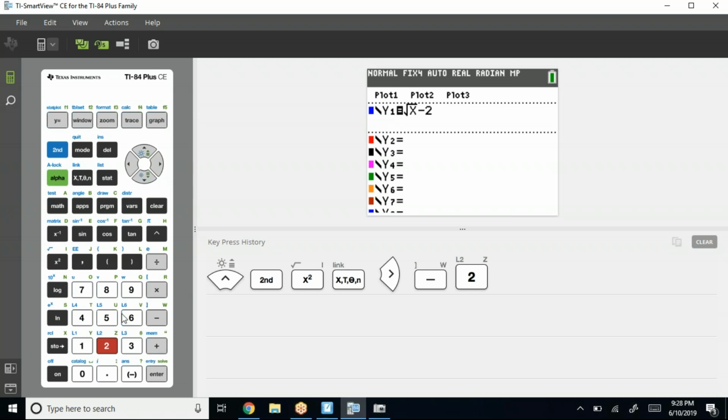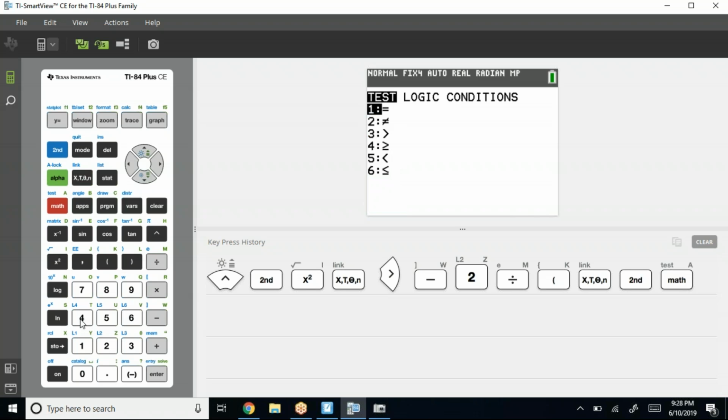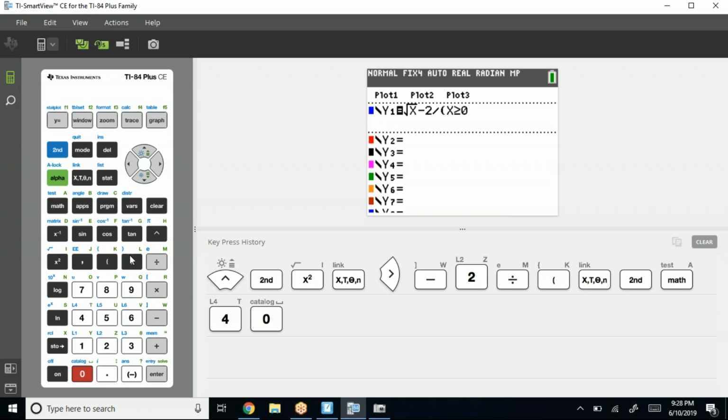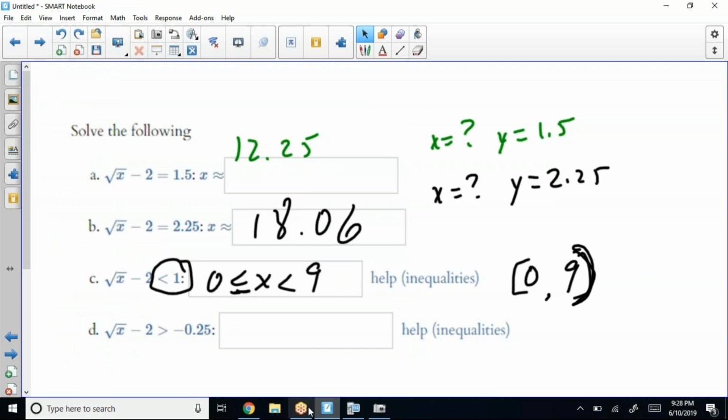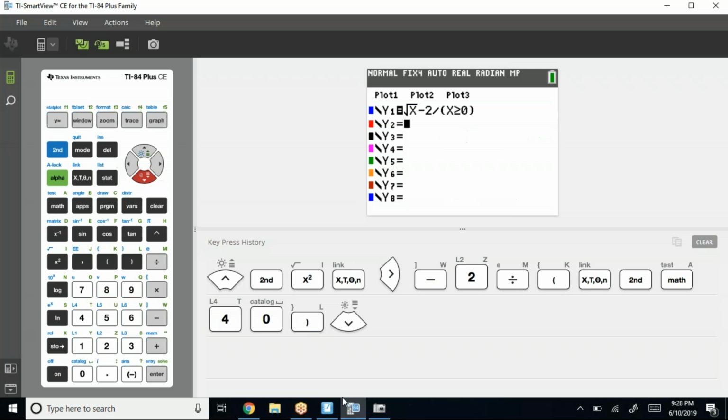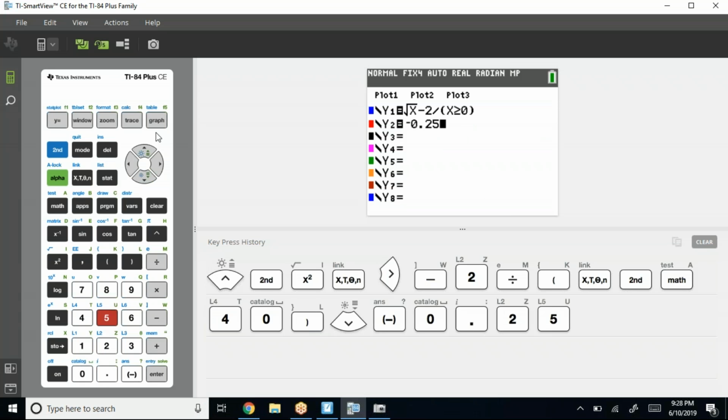Minus 2 divided by parentheses x, second math, 4, 0, and then what is it? Negative 0.25, so negative 0.25, and then hit graph.